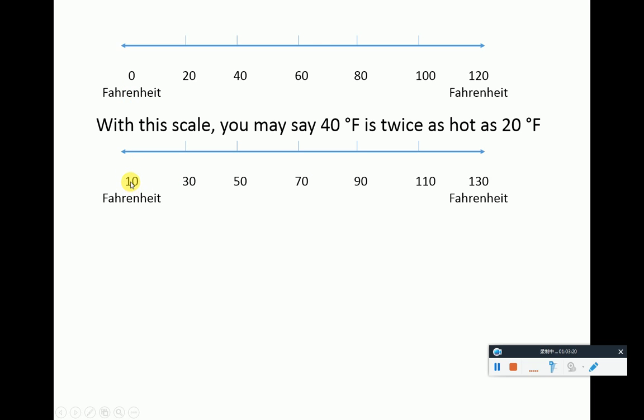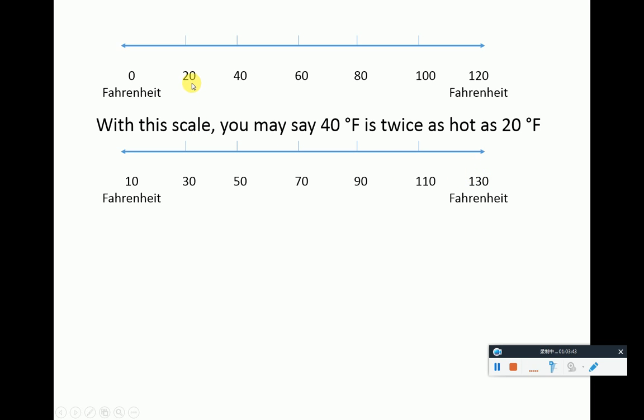But if we do that, if we add 10 to 0, and as we saw before, we need to add 10 to each and every following value. So 20 became 30, 40 became 50, all the way to 120 became 130.